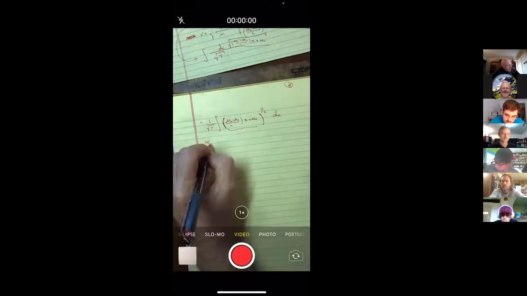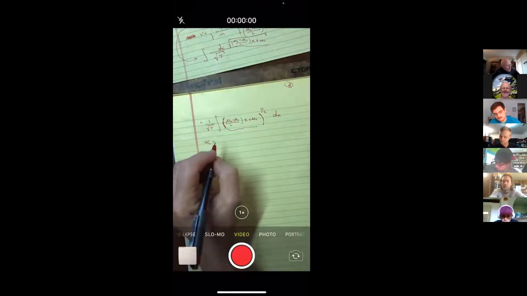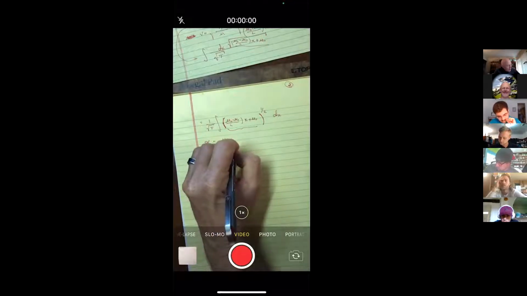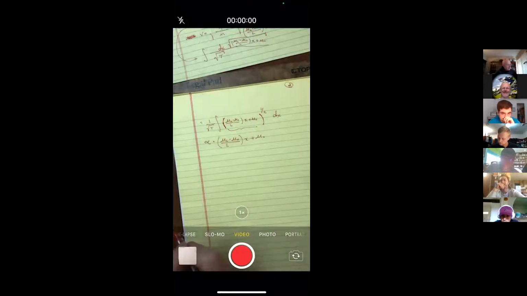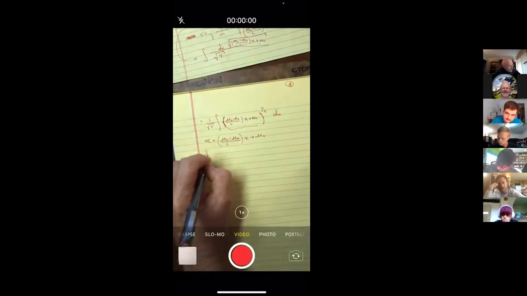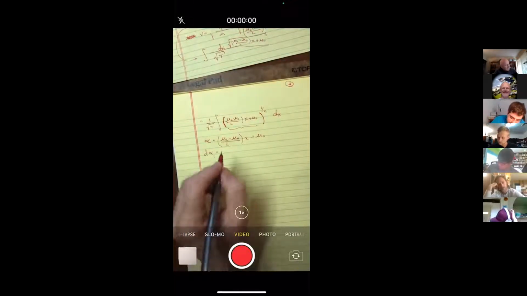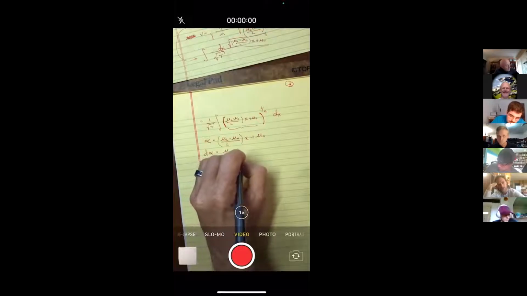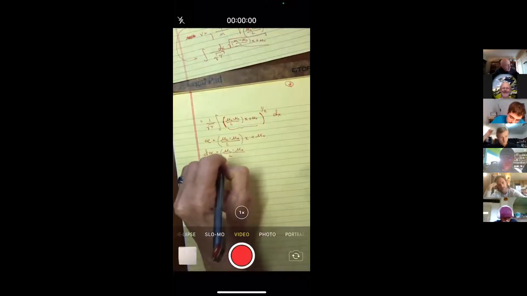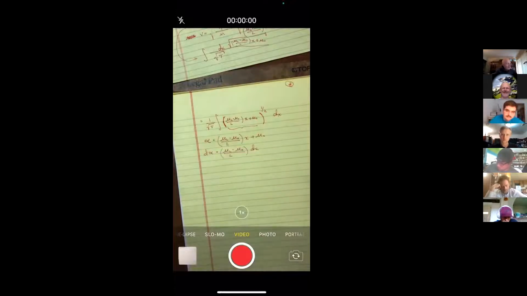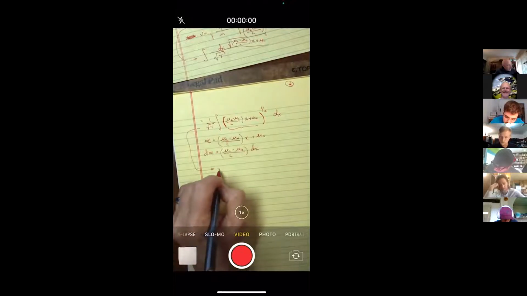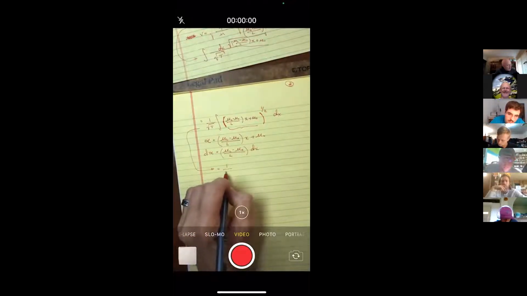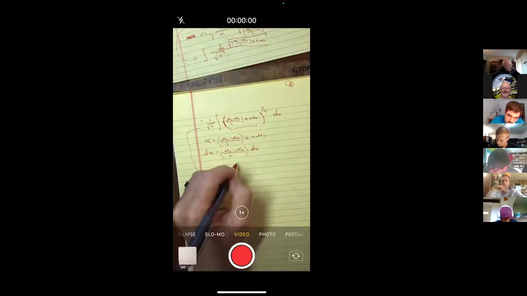So let's call alpha equal mu L minus mu naught over L times X plus mu naught. And so that would mean d alpha would be mu L minus mu naught over L dx. Okay. So doing a little substitution and maybe making our integral simpler that way.